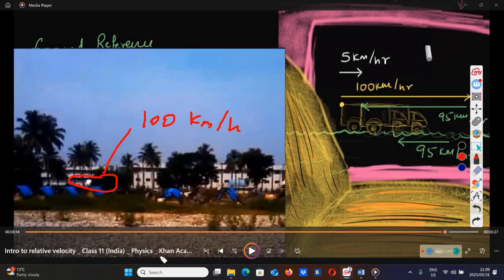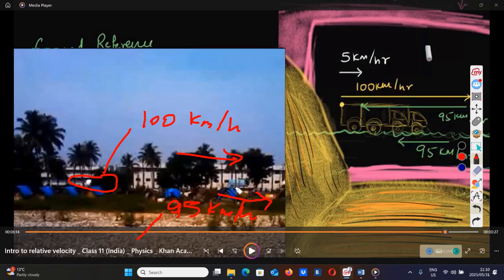Then there is this car, which is the car of the cameraman. Cameraman is in this car. So this car is moving forward with the speed of 95 kilometer per hour. So they're all going in this direction.